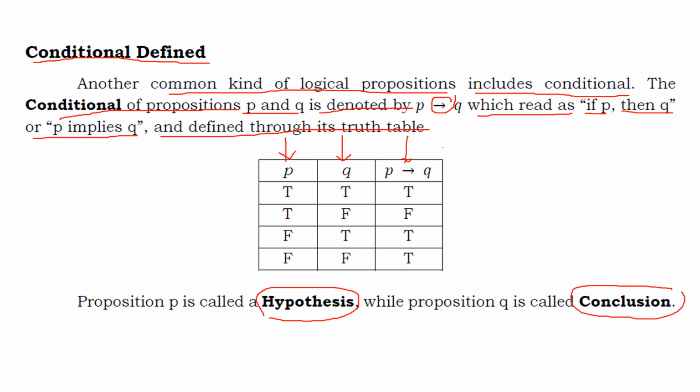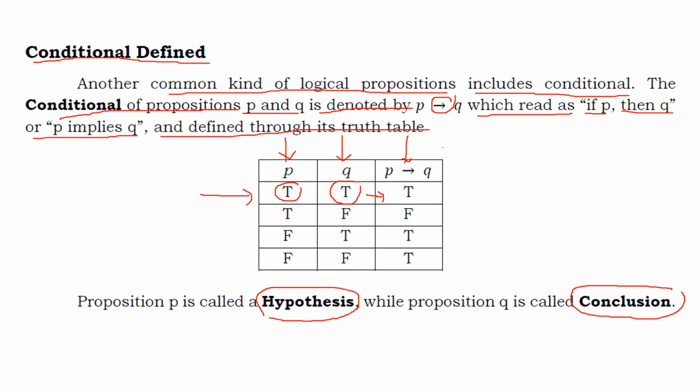Now, for the second row, if the truth value of the proposition P is true, and the truth value of the proposition Q is also true, then the truth value of the conditional of propositions P and Q is automatically true. If both truth values of your P and Q propositions are true, then the resulting value is also true.